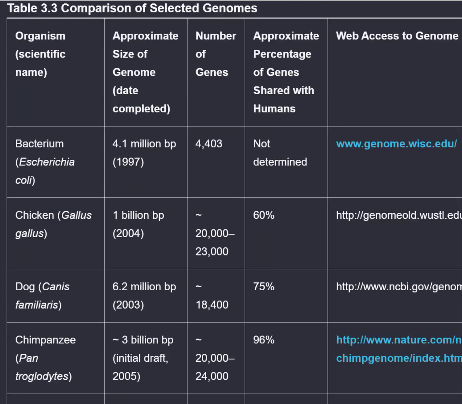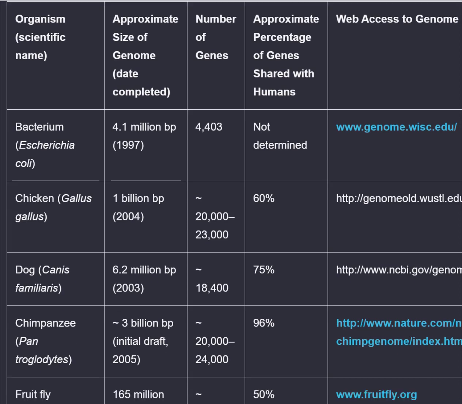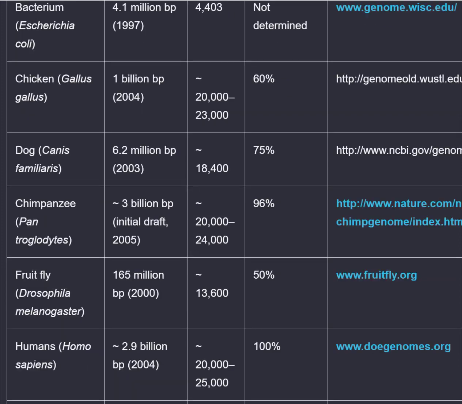Table 3.3 Comparison of selected genomes. Organism, scientific name. Approximate size of genome, date completed. Number of genes. Approximate percentage of genes shared with humans. Web access to genome databases. Bacterium, Escherichia coli: 4.1 million BP, 1997, 4403 genes, not determined, www.genome.wisc.edu.